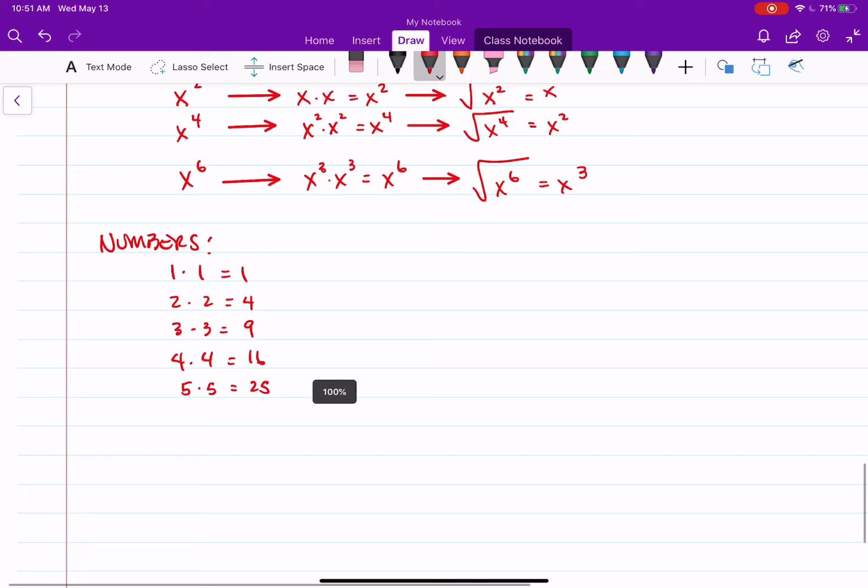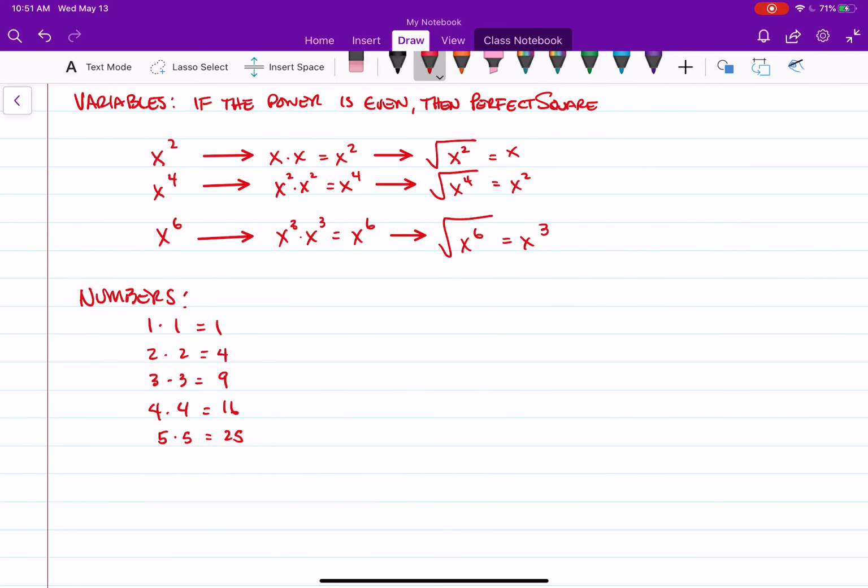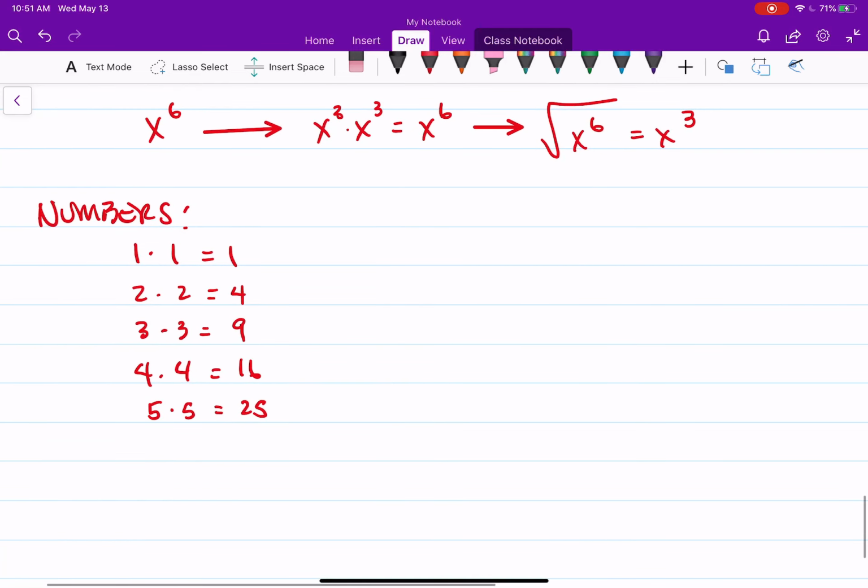All right? So let's do the same thing here. It's just a little bit shorter because 1 times 1 is equal to 1. The square root of 1 is equal to 1. You're like, which one am I taking the square root of? Okay, so let's take a look at the second one. Because the square root of 4 is equal to 2.